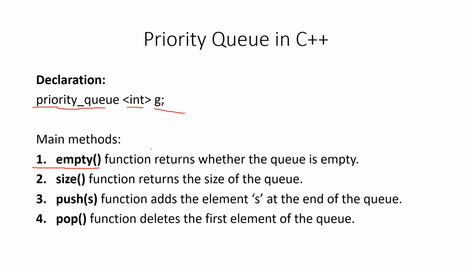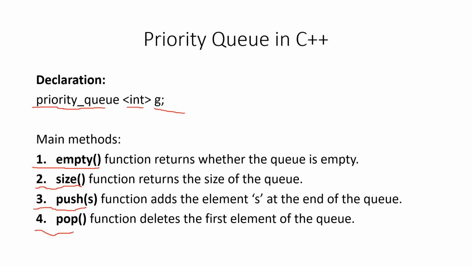So if it is empty, it returns true. Second one is size. The function returns the size of the queue. Third one is push. The push function adds the element to the queue. And the pop just removes the top element from the queue.